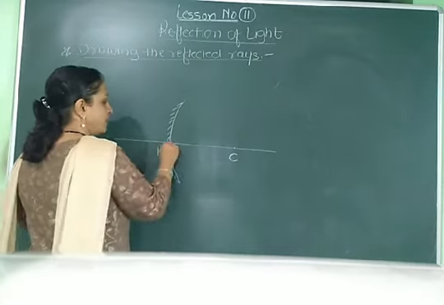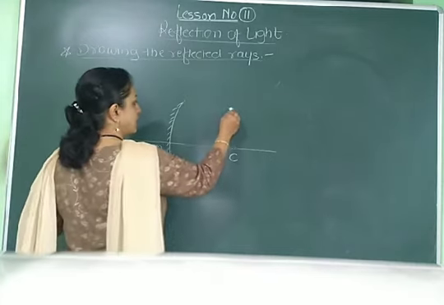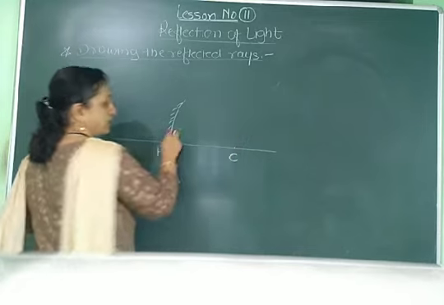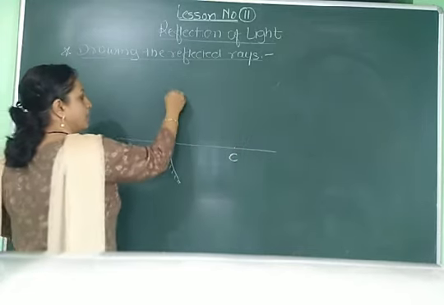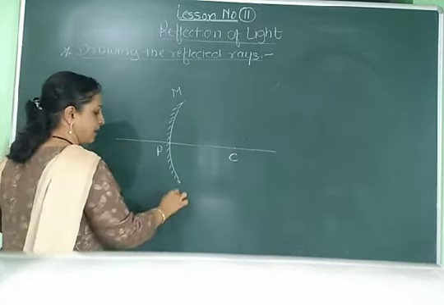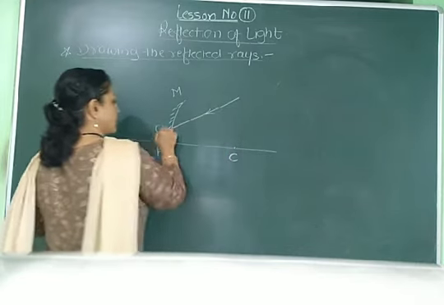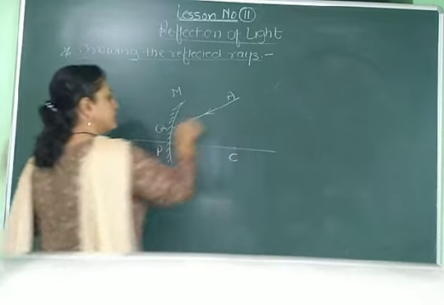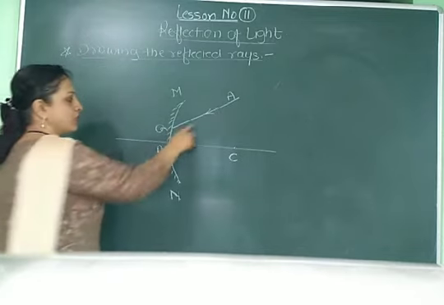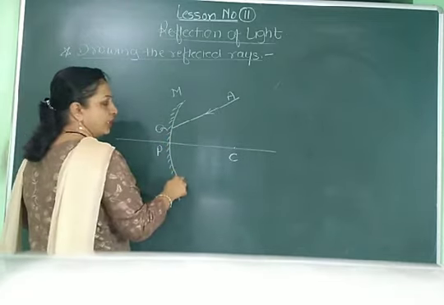After that we have to consider an incident ray which is incident on this concave mirror. We consider a ray which is incident on the surface of the concave mirror. Let's see, this is the ray AQ. This ray AQ is incident on the surface of the concave mirror.